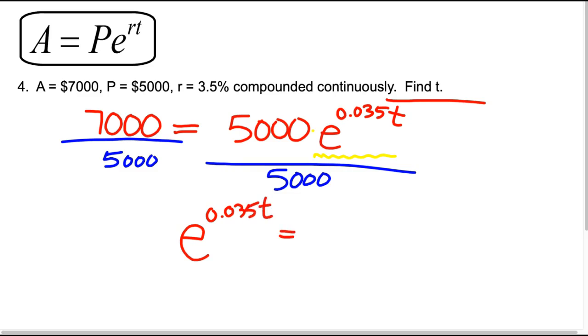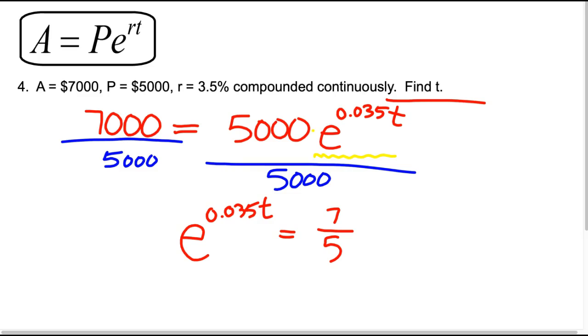Now, this one, I can see that this kind of reduces, so I'm just going to make this 7/5. You all right with that? Because 7,000 over 5,000 is the same as 7/5. So it saves me from typing 6 zeros. But it doesn't really matter if you do that, but I'm going to use that this time. Okay, that's called the Dave factor.